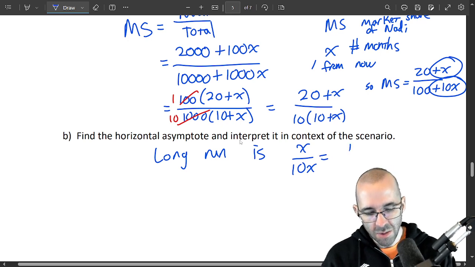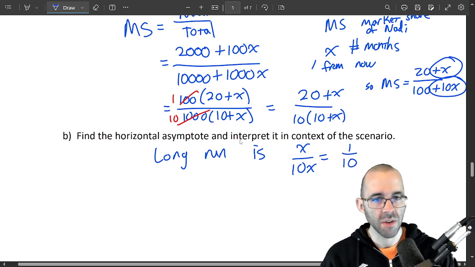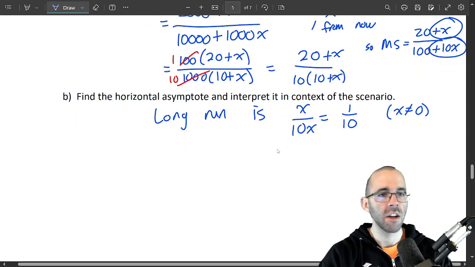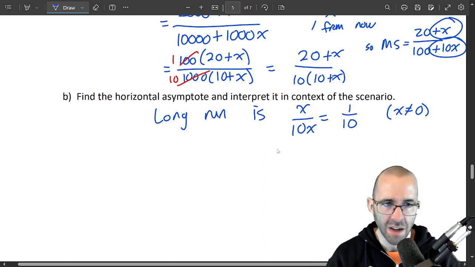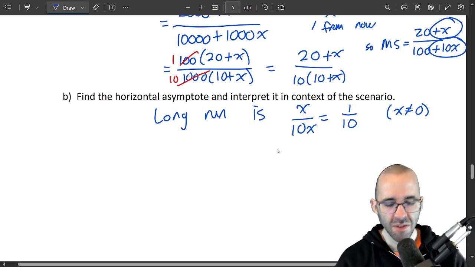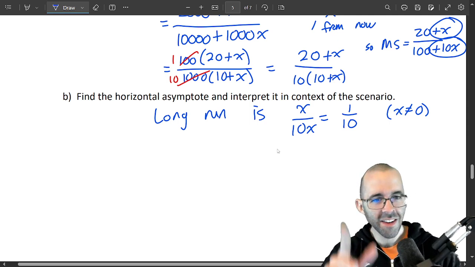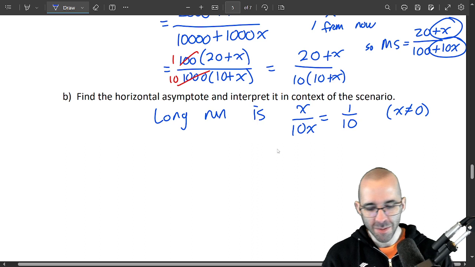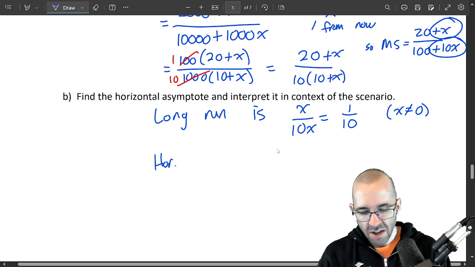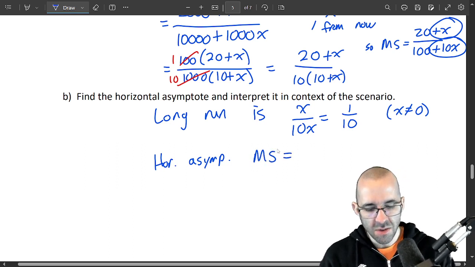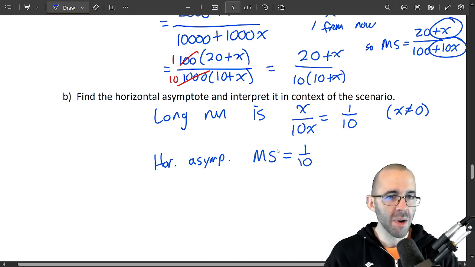And as long as x is not equal to 0, what is this? That's 1 over 10. If x is equal to 0, we can't simplify this way. But we're only looking at long-run behavior, so it's fine. If the long-run behavior is a number, that's a horizontal asymptote. So the horizontal asymptote is when the output, which here is market share, is 1/10.